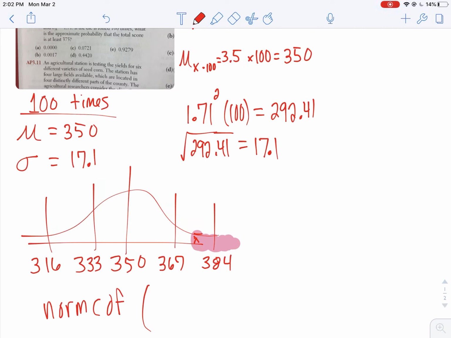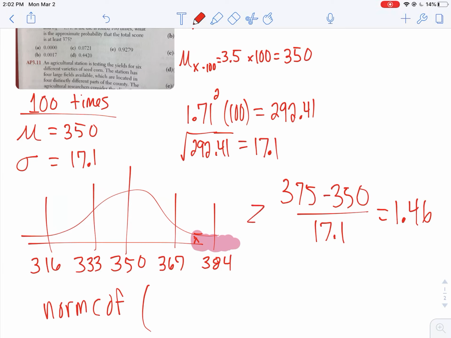So I figured I want to find 375 minus 350 over 17.1. That's going to tell me how many standard deviations away from the mean I am. When I did that, I got about 1.46. So I'm going to do this based on z-scores. If you do it based on values, you might get a slightly different answer.